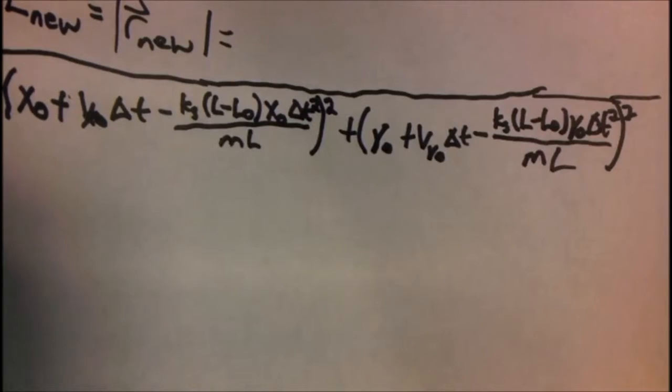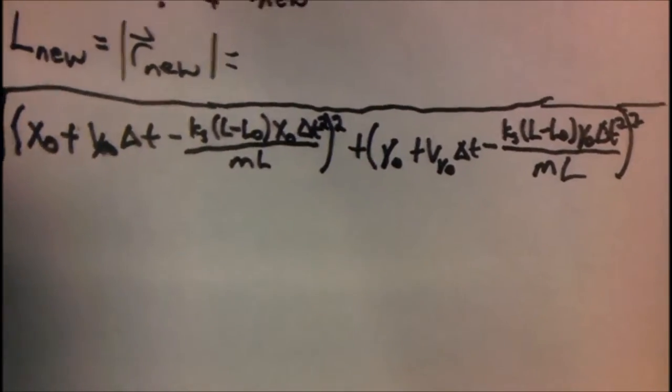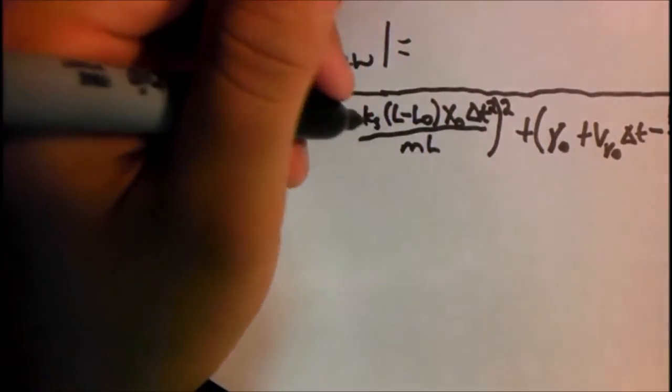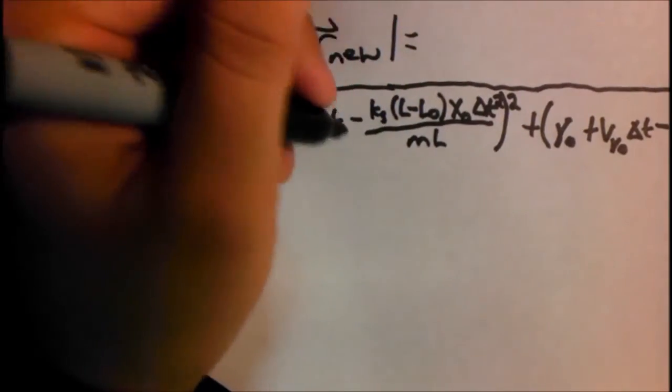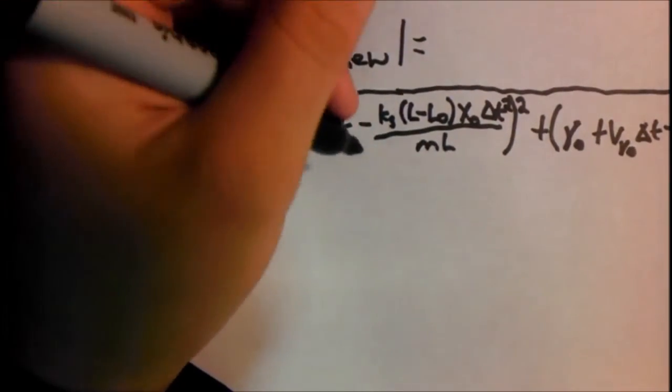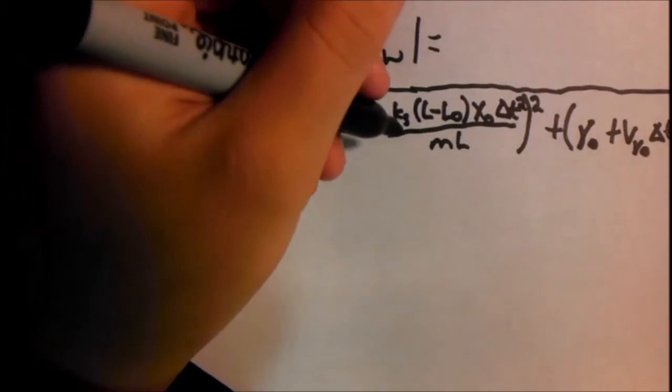And the third component is 0 squared, but that's 0, so I'm going to leave that out. Now we continue to do this problem. Things are going to get too big, so I'm just going to leave it in vector format.